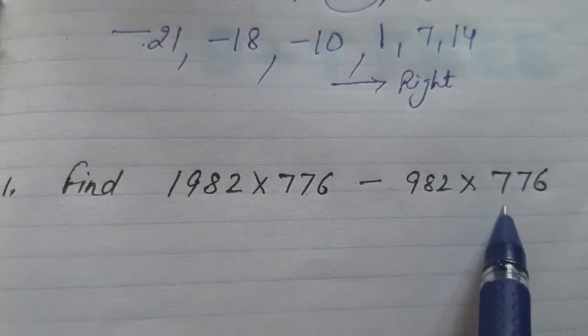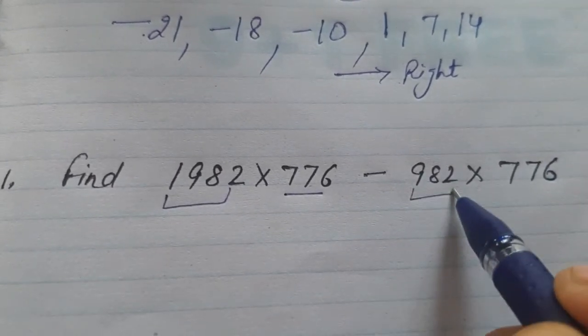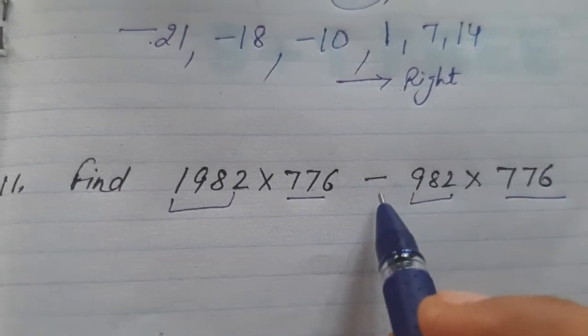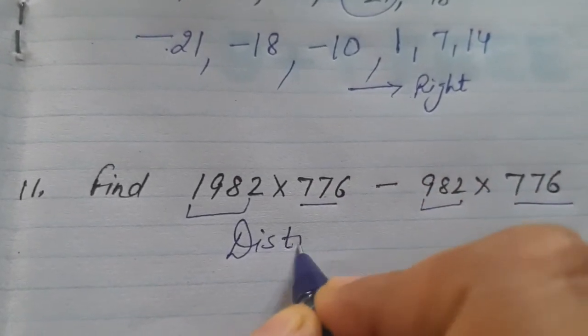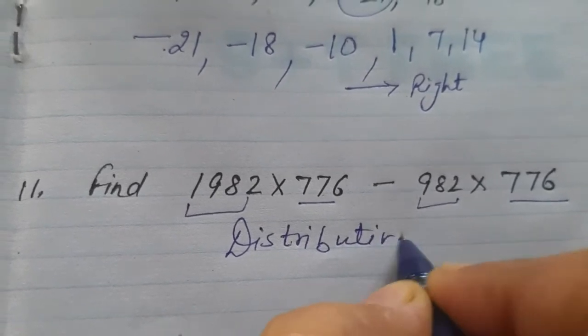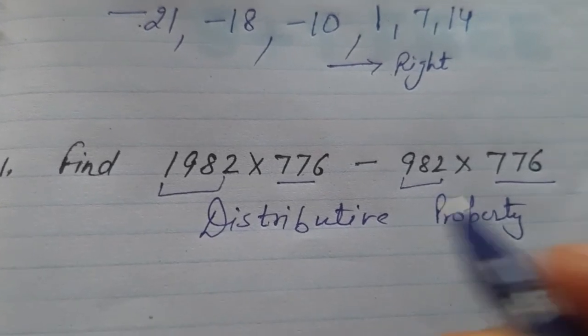Next is find the value of this. See, 1982 multiplied by 776 minus 982 multiplied by 776. In between, a negative sign is here. So we can use the distributive property of multiplication over subtraction.